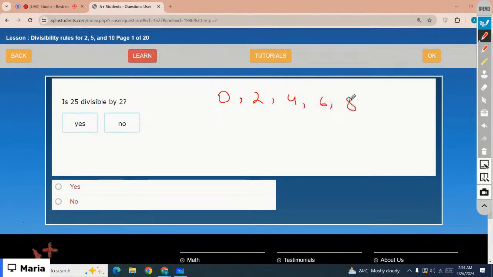If the ones digit is one of those, that means the number is divisible by 2. But here you have 5. That means no, the number is not divisible by 2. The correct option is no. You need these divisibility rules in your mind.